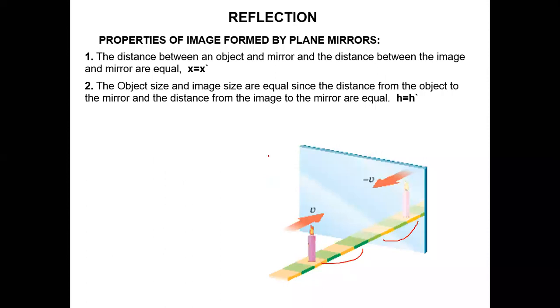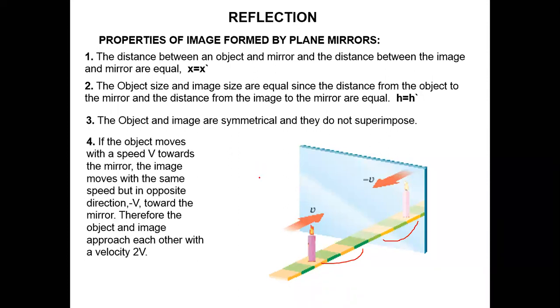Remember, when you look at yourself in the mirror, you are going to see your image as it is, whatever your height or whatever your body part is measured, it is going to be the same as the image in the mirror. The object and image are symmetrical. They do not superimpose. What does this mean? That means you are going to see the reflection as it is.